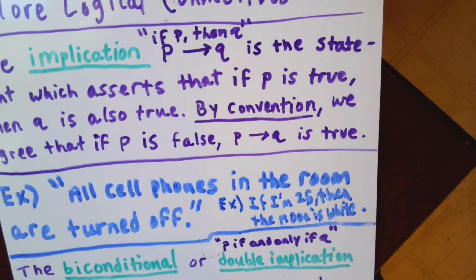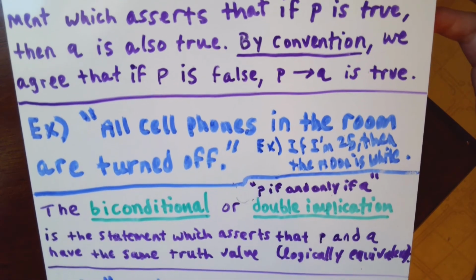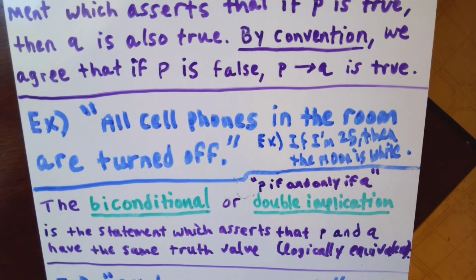Next we'll talk about the biconditional, or the double implication. It's a lot like the implication, except it goes both ways. Really it's if P then Q and if Q then P. Another way of saying it is that the biconditional, P if and only if Q, is the statement which asserts that P and Q have the same truth value.